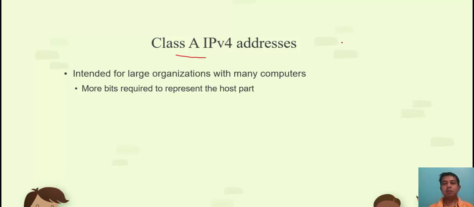If I use 8 bits for my host part, then I can represent 2 to the power 8 hosts. But if I use 16 bits, I can represent more hosts, 2 to the power 16. Because these are for large organizations and they may be required to connect more hosts, let us keep more bits for the host part.